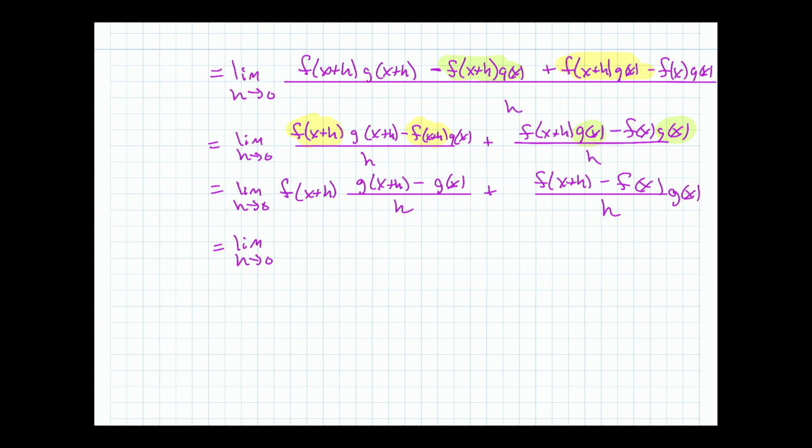So using the rules for limits, you can split this up into actually 4 limits. This limit is just the limit of the first part, right? But then you also have the limit of this, and the limit of this, and then you also have the limit of this.